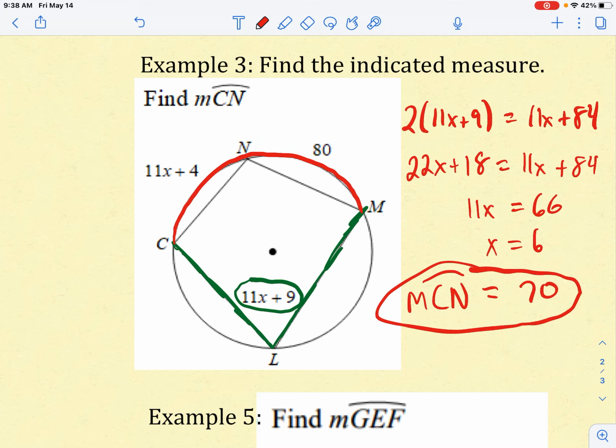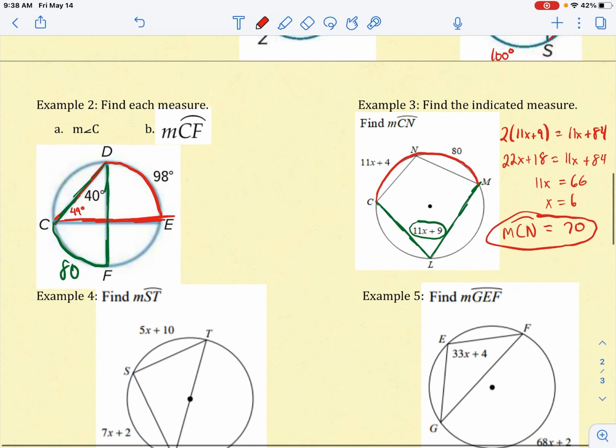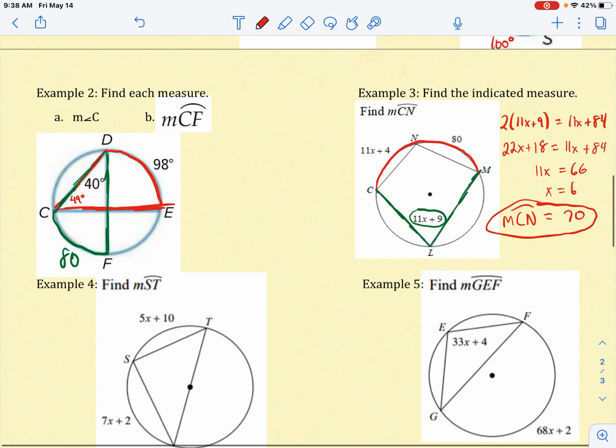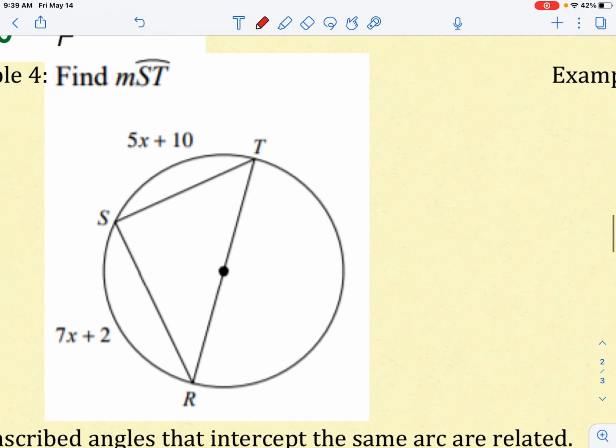So again, not every problem is going to be so easy as, oh, this one is double that. You may have to sit and think a little bit, but the goal here is to find an angle, and then find out which arc that angle intercepts, or find the arc that intercepts the angle.